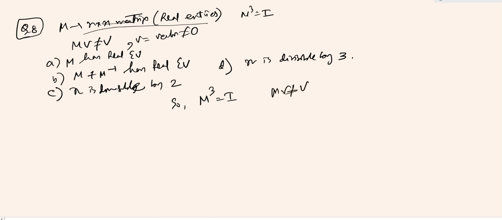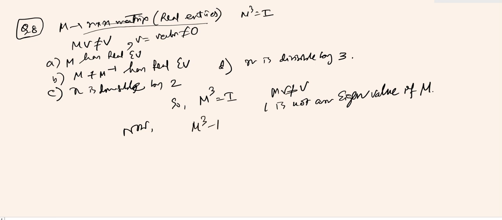This thing gives us one thing, that 1 is not an eigenvalue of M. Now, if we go for the minimal polynomial of M, that divides x cube minus 1, meaning I, identity.